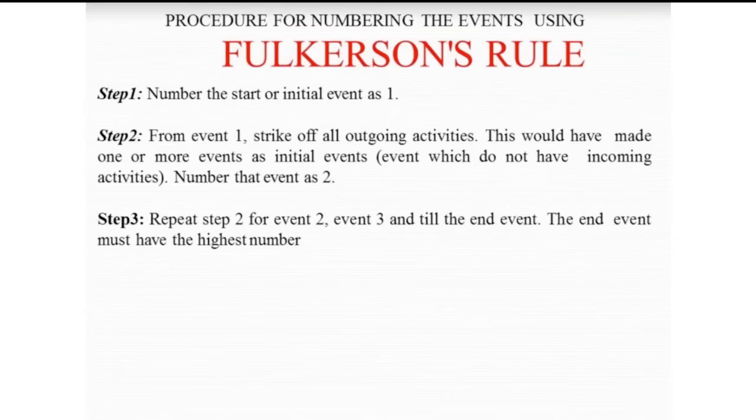This would have made one or more events as initial events. So you can number that event with the next higher number, which is 2. And then for step 3, you repeat step 2 for event 2, event 3, event 4, 5, till the end event. So the end event must have the highest number. So that is the Fulkerson's rule.